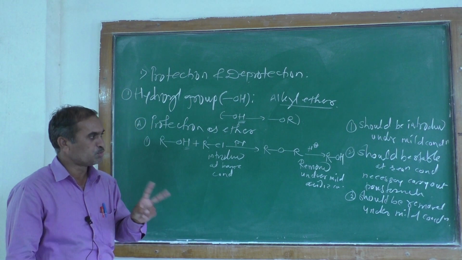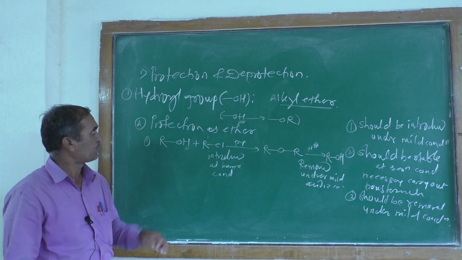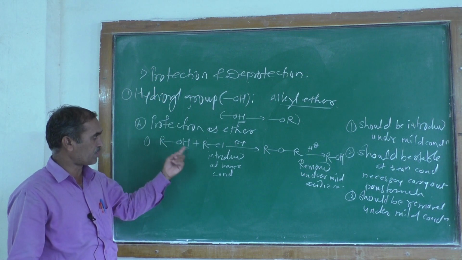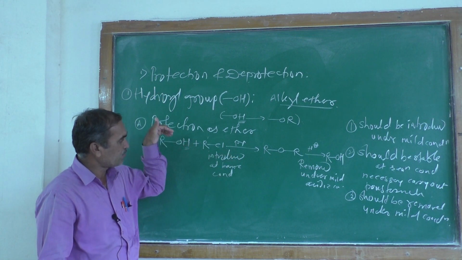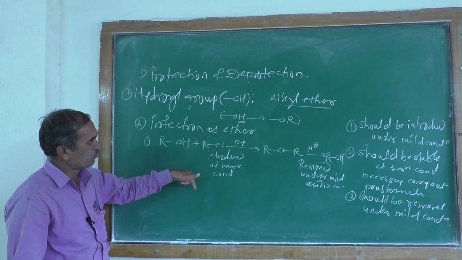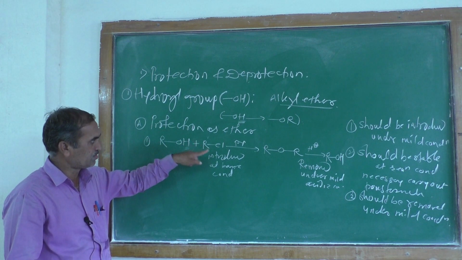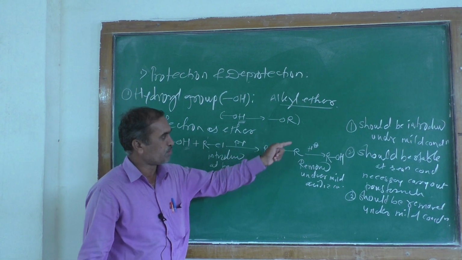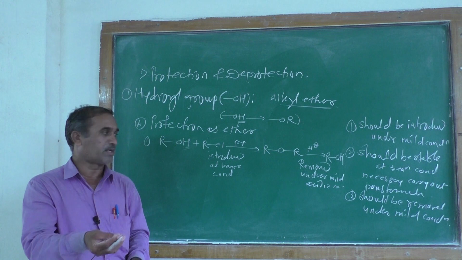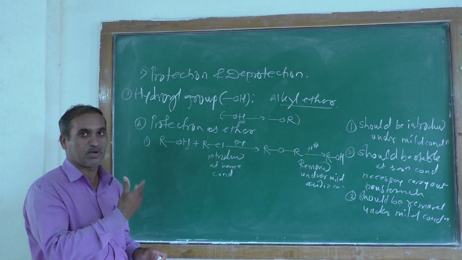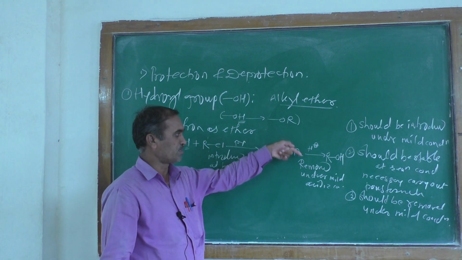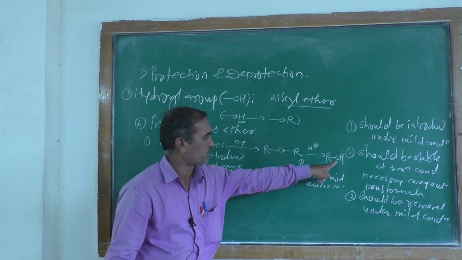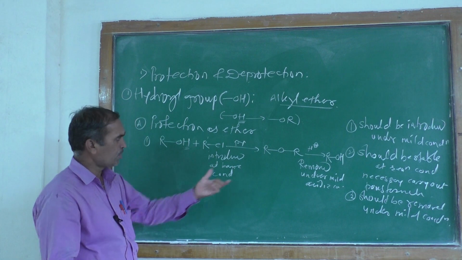Those are the two steps that must be remembered while talking about protection and deprotection. In the first step, we introduce the protecting group by using a suitable reagent, which is the alkyl halide here. In the second step, deprotection, we get our original compound, the alcohol, by using a suitable reagent. We got our alcohol back here.